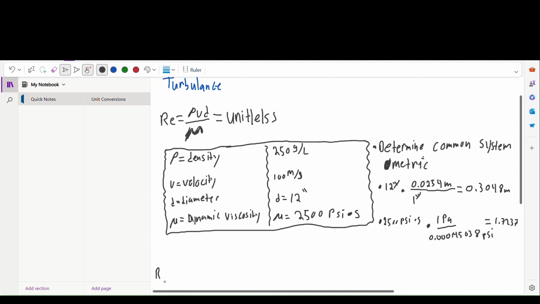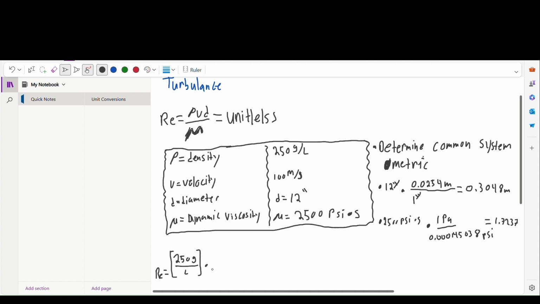So RE equals, I still have my 250 grams per liter. It's this guy.